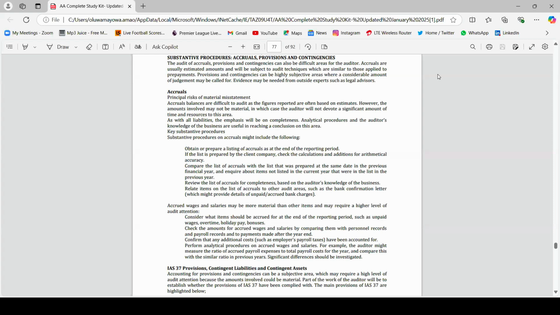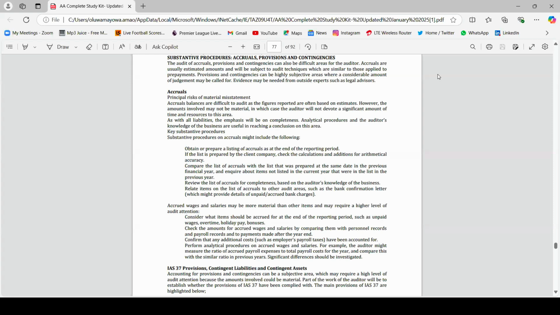The first procedure is always obtaining a list of that line item. So if you don't remember anything when it comes to substantive procedures, just know that the starting point is obtaining the list of all those line items.